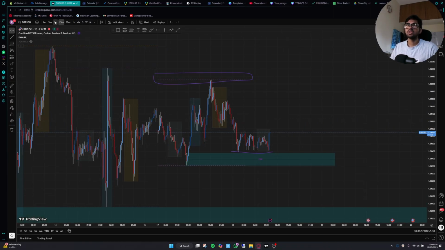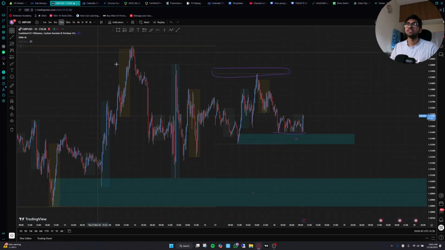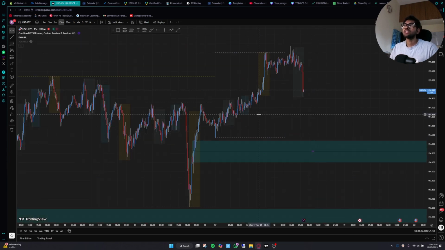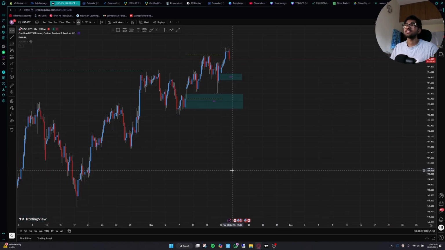But for this block I would be using a 5-minute change of character and break of structure, and then we'll be entering. Now coming into USDJPY, USDJPY is a pretty easy analysis.